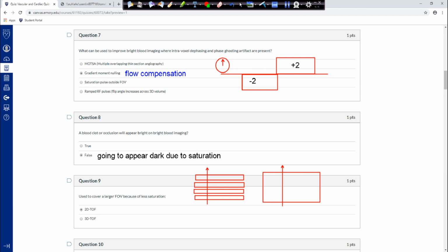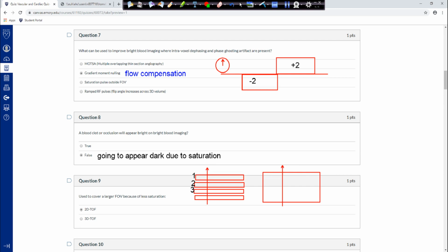And remember, we can change our slice orientation to go countercurrent to reduce that saturation. And countercurrent meaning where our first slice is going to be this one right here. Second slice is here.